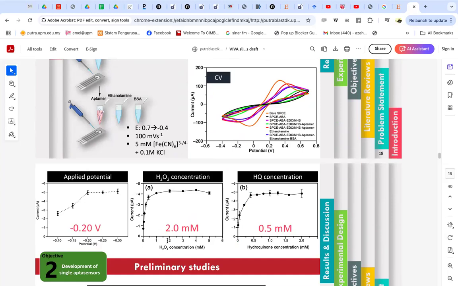We do a scan rate study, and then the effect of pH also. That depends on the situation, whether you need to do that or not. Okay, one last one.